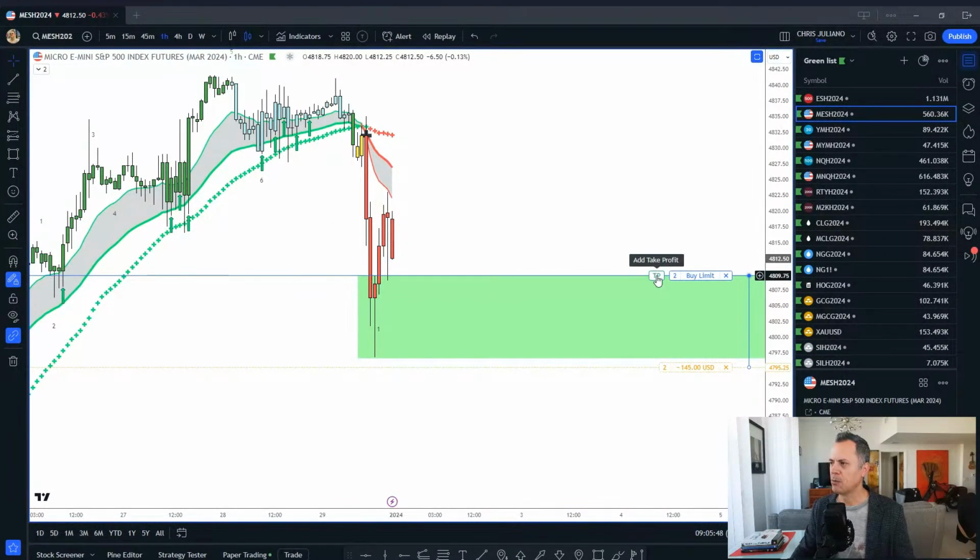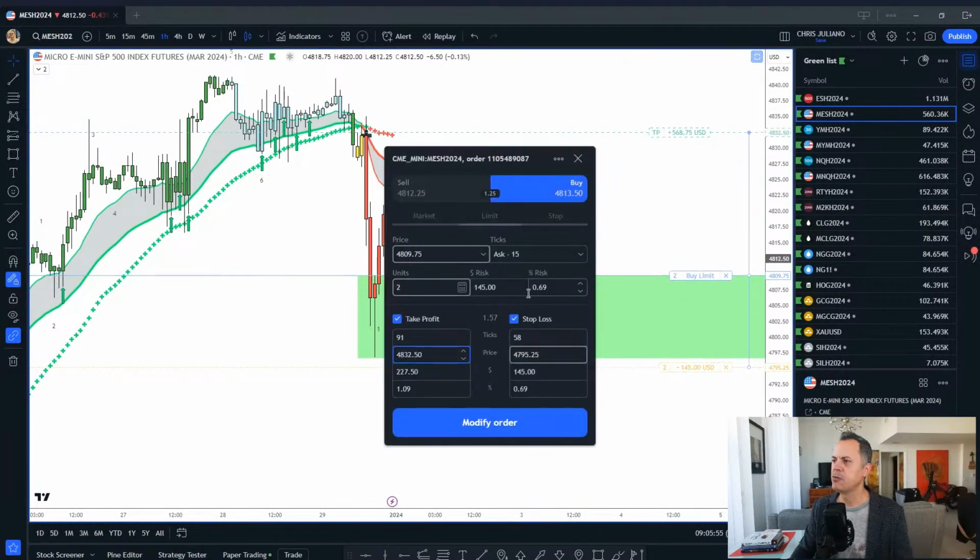And the targets that we will take will be using both the candlesticks and support and resistance levels, and we'll also always be taking a 2-to-1 target.